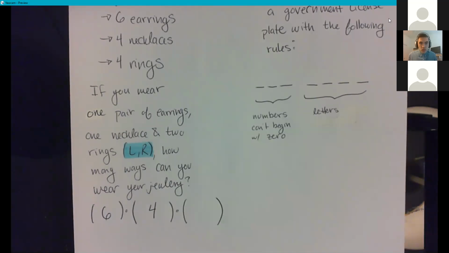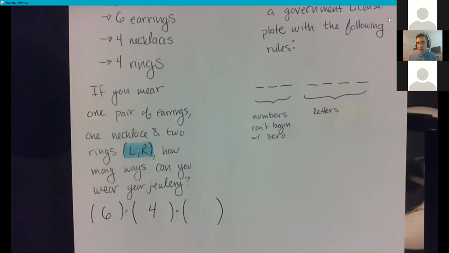So I have 4 rings and I'm going to wear 2 of them. But I said that the order matters. How can we calculate orientation possibilities when it comes to cases where the order matters? Use permutations, right? Yeah, we're going to use permutation here.